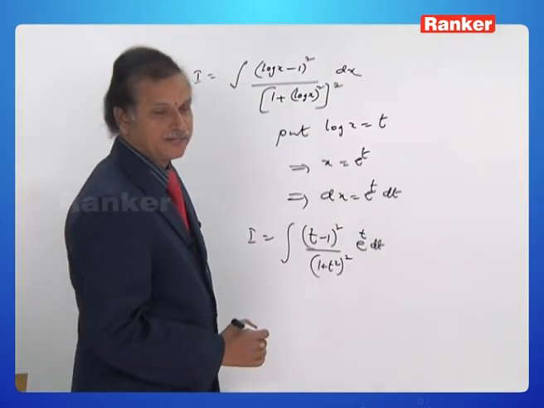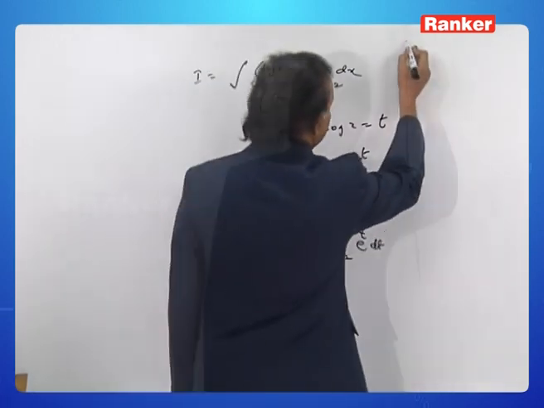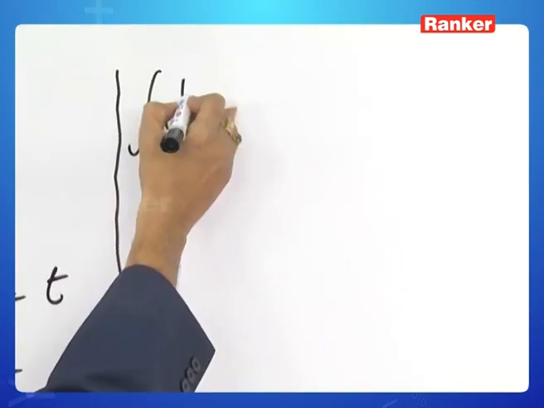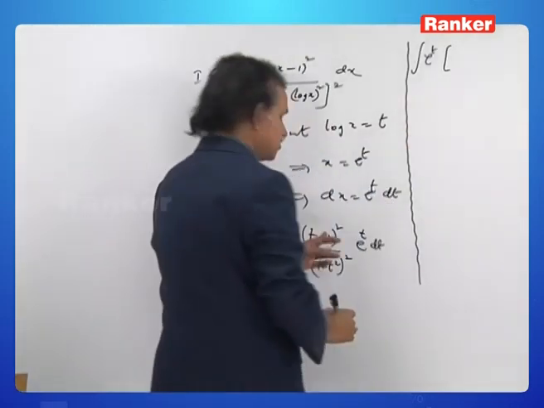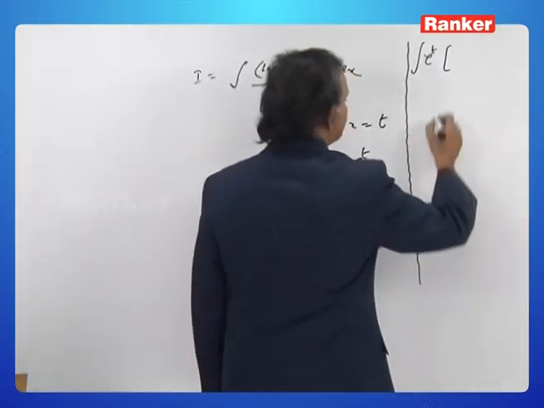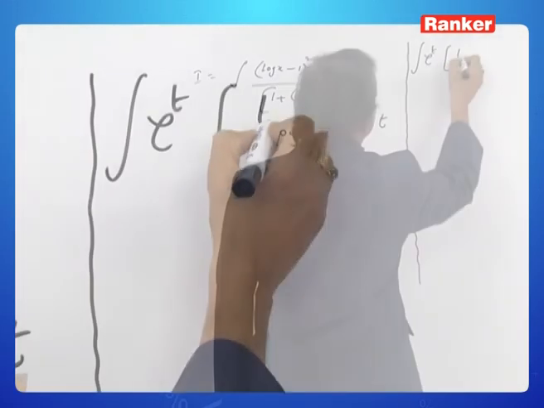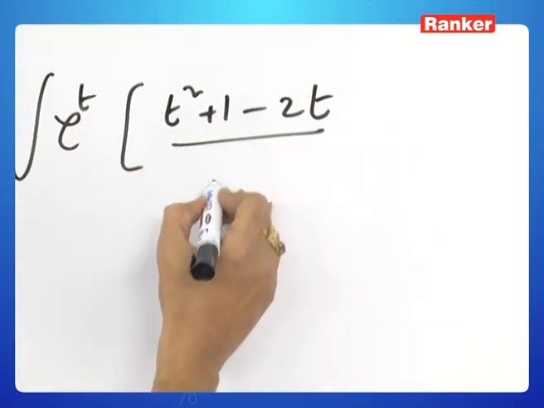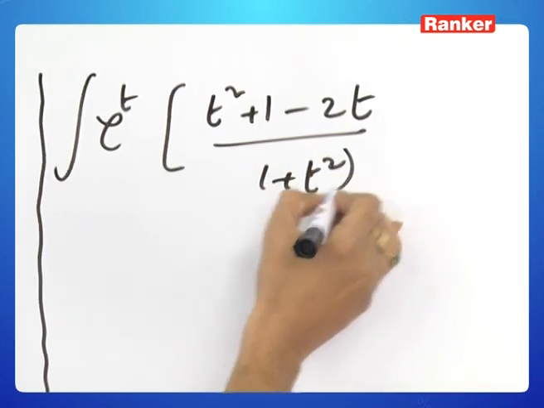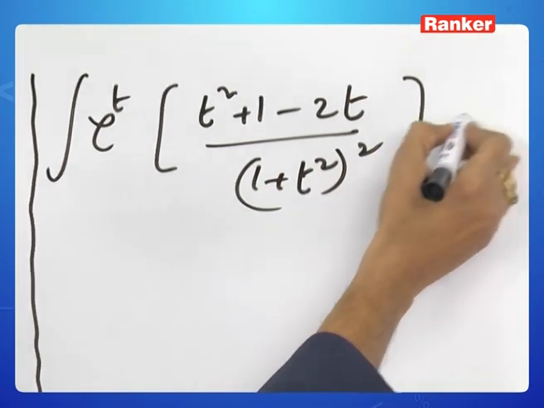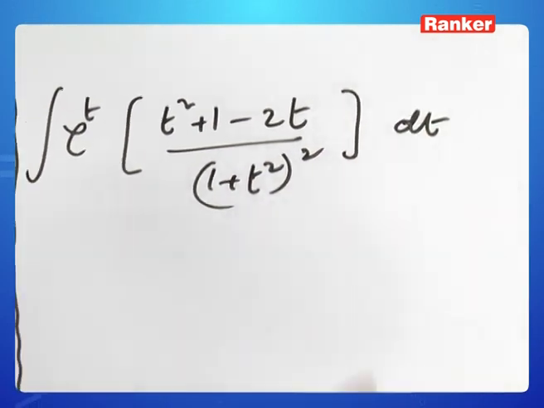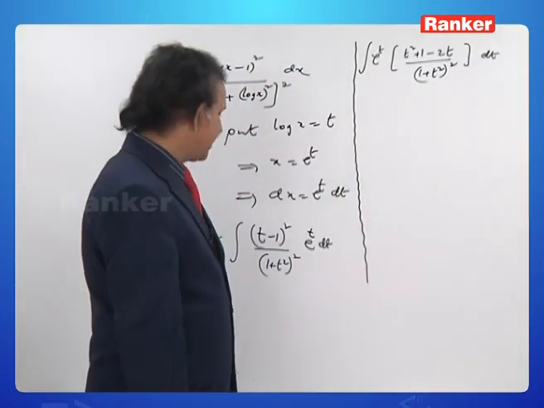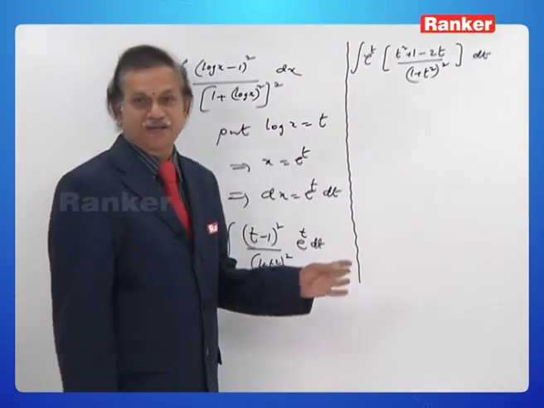The next step, integral of e power t into, what is t minus 1 whole square? T square plus 1 minus 2t by 1 plus t square whole square. I did not touch the denominator.